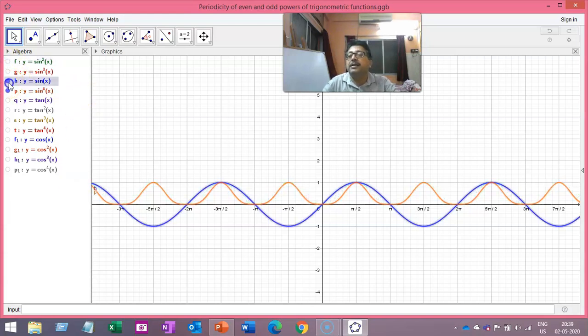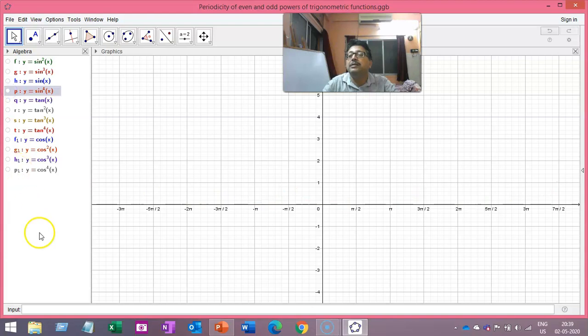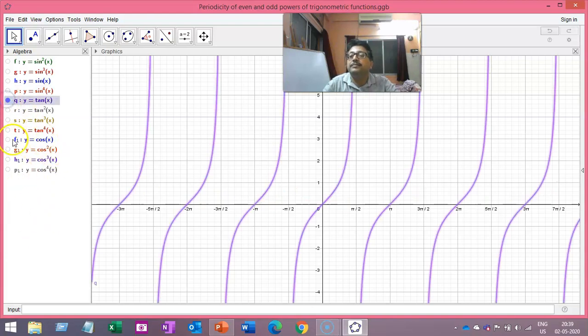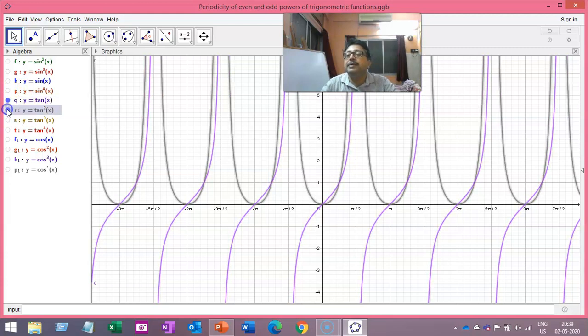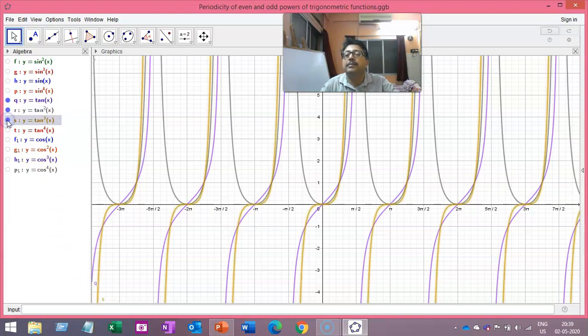Let us check in one more case. Take tan x. Graph is there. Then take tan square x. What is the length of period here? After what length is it being repeated? The same thing. Then you take tan cube x. See, in what length is it going to be repeated? Minus 3 pi by 2 to minus pi by 2.